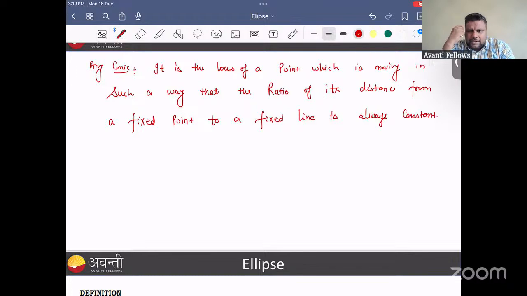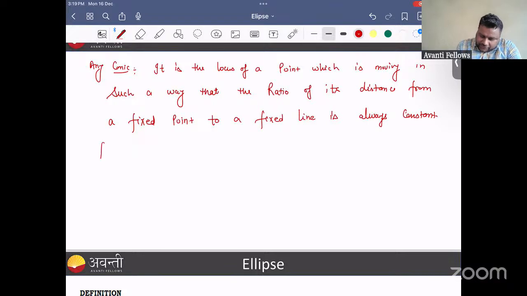Any conic, parabola, ellipse, hyperbola, circle, pair of straight lines, is the locus of a point which is moving in such a way that the ratio of its distance from a fixed point to a fixed line is always constant.